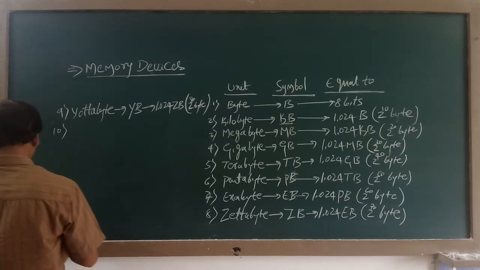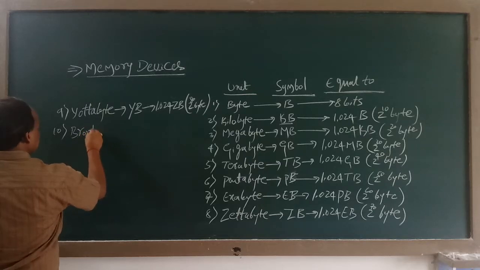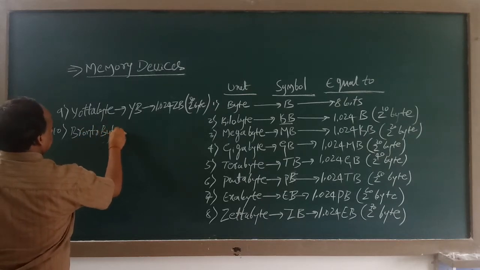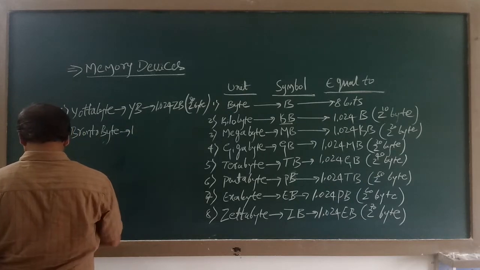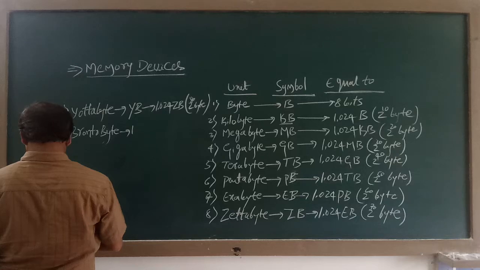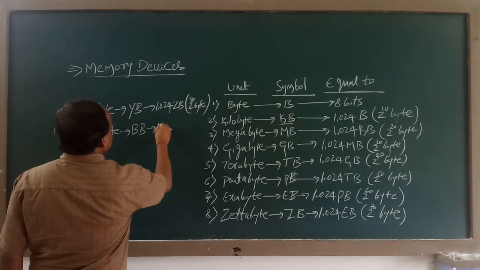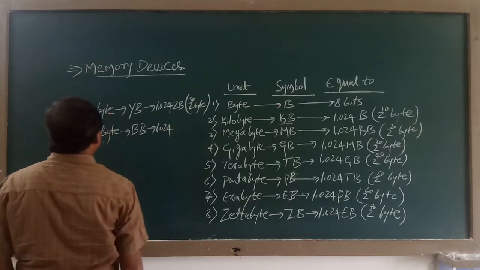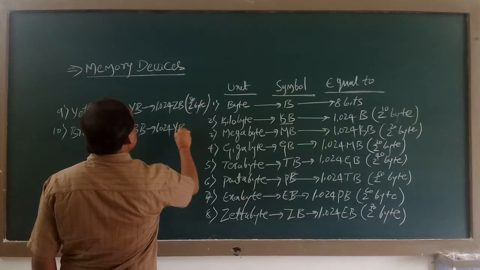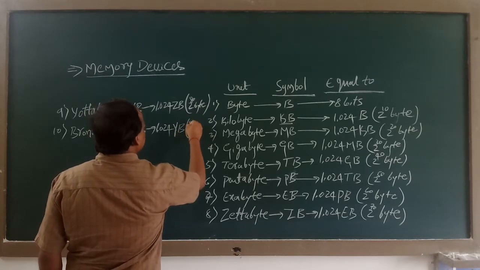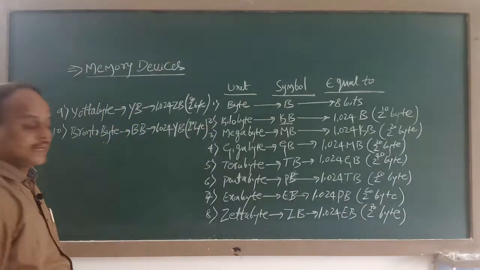Next, brontobyte. Brontobyte is indicated by BB, that is 1024 YB, which is 2 power 90 bytes, right, 2 power 90 bytes.